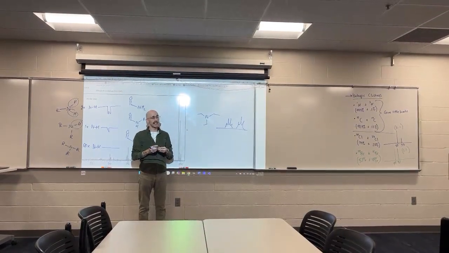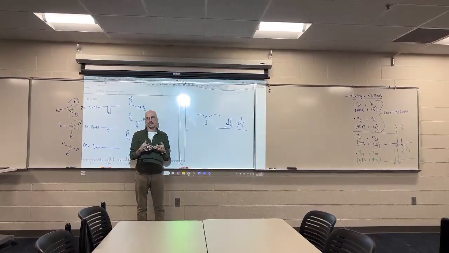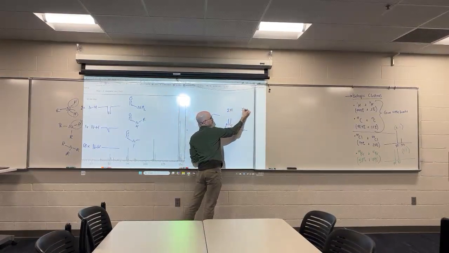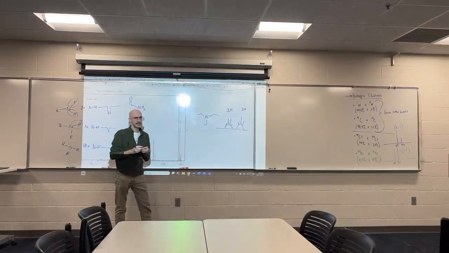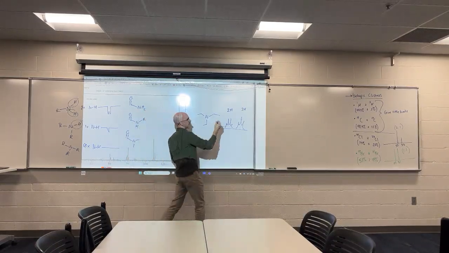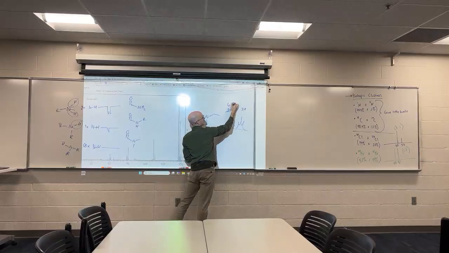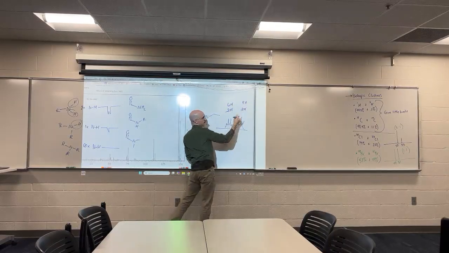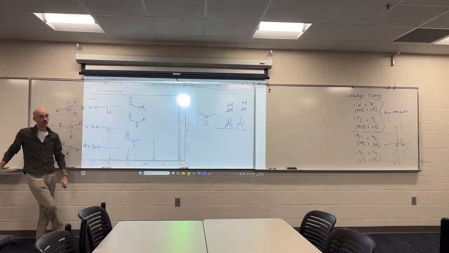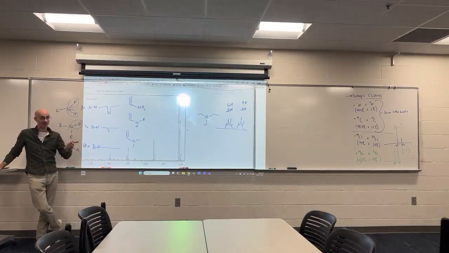If you looked at the integration and found the lowest whole number ratio, it would give it to you as 2 to 3 because they're all symmetric to each other. In reality, it's not 2 to 3, it's actually 6 to 9. So that would be a very challenging molecule to try and deduce from its NMR and its IR.